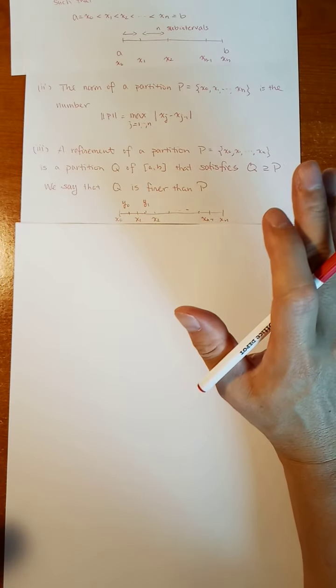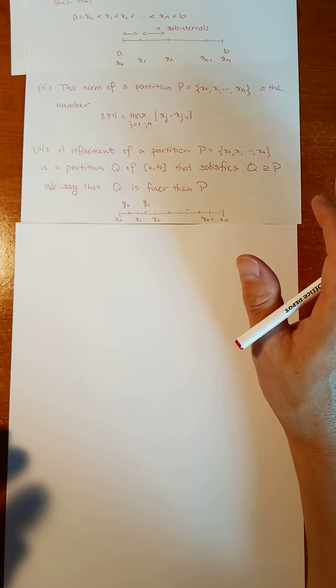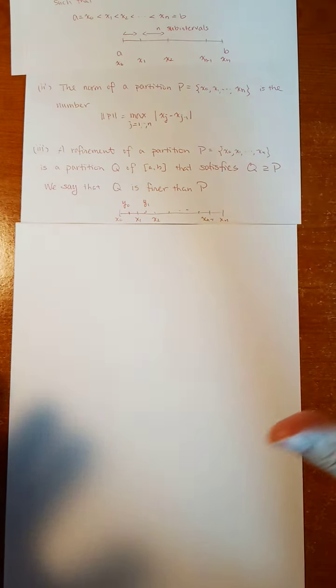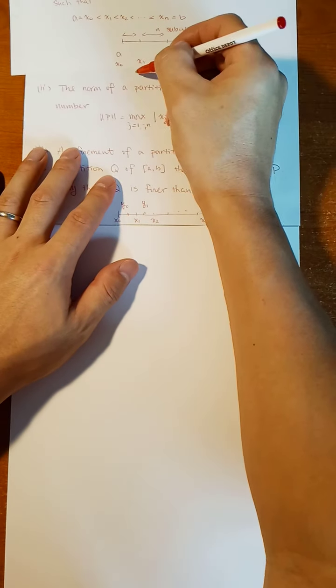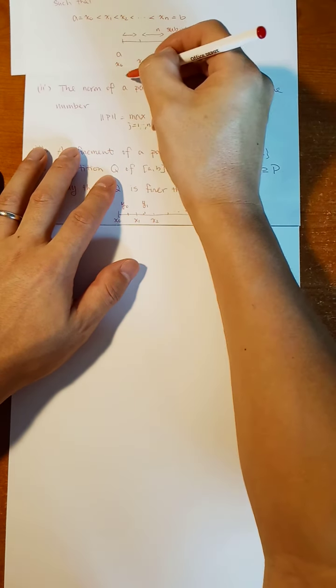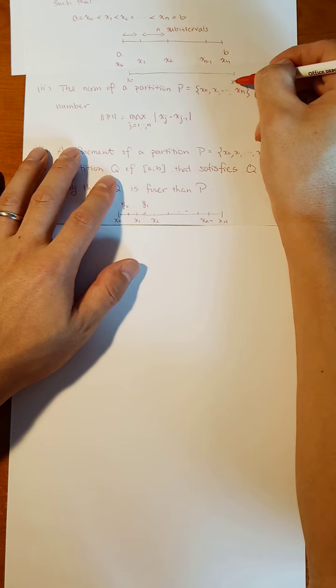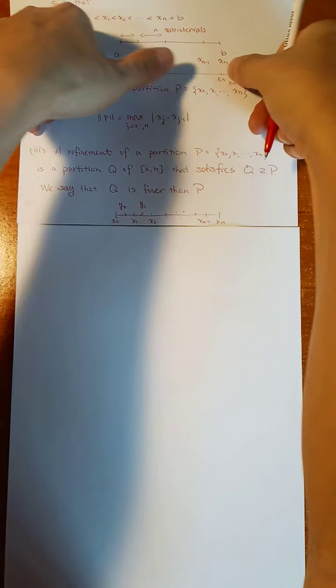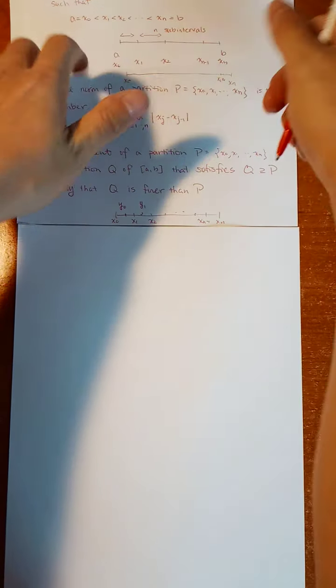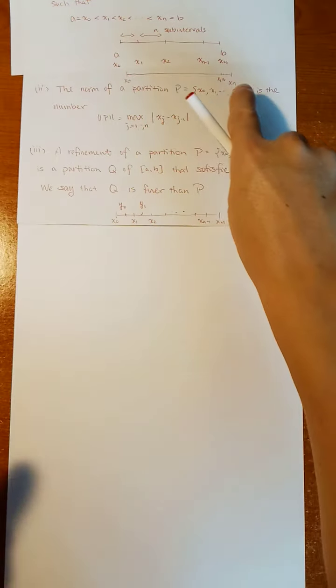So partition is a very, very broad definition. You can define it like this, or you can define it like this. You could always keep x0, x1 very long, and all other points are just squeezed together between x1 and xn.